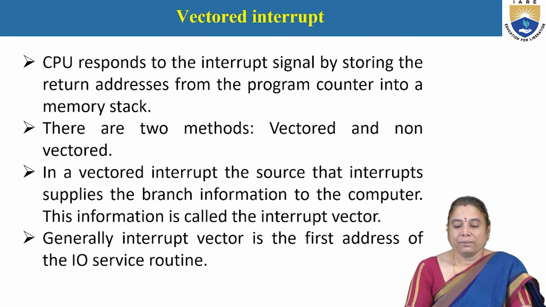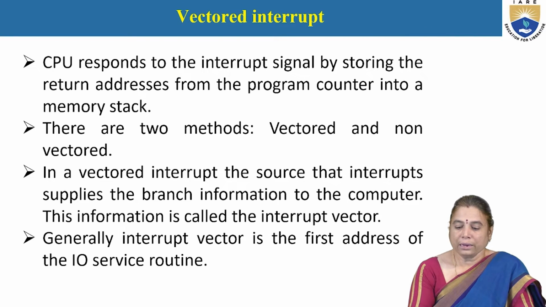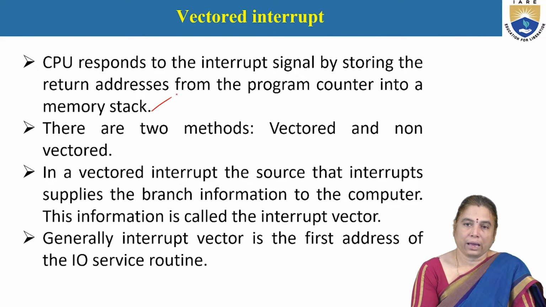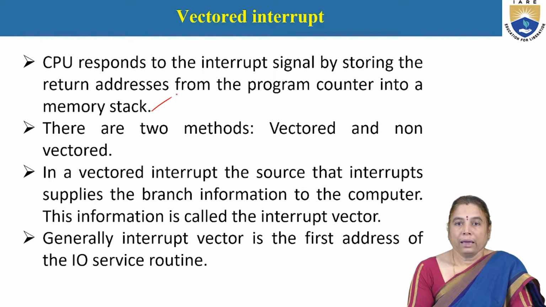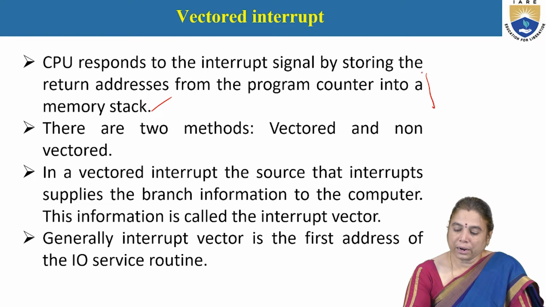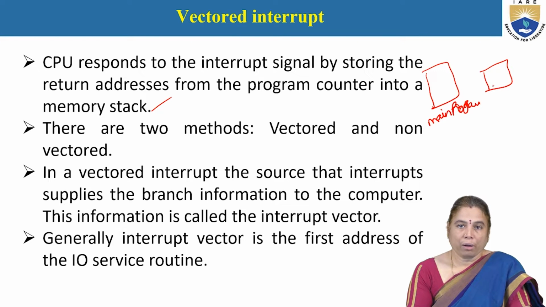So here, what is a vectored interrupt? The CPU responds to the interrupt signal by storing the return address from the program counter into the memory stack. Whenever an interrupt signal is detected by the CPU, for example, the CPU is currently executing a main program, and in the meanwhile one peripheral requires an IO operation.